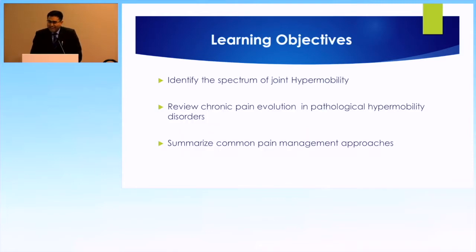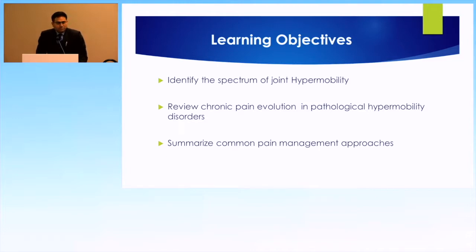In the next 15, 20 minutes, I won't bore you too much with a long presentation. I have kept it really short and very succinct. So we'll talk a bit about the spectrum of joint hypermobility. When I say the spectrum, we know that a lot of patients in the general population have hypermobility. If we go by the estimates, it varies between 6 to 57% of the population.